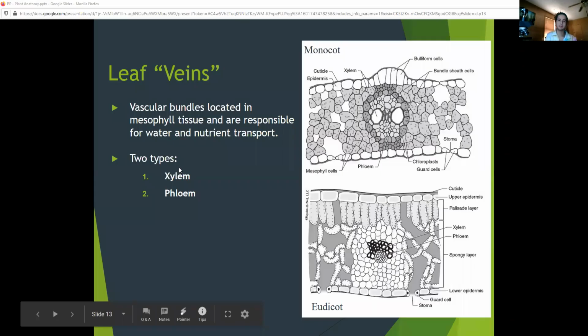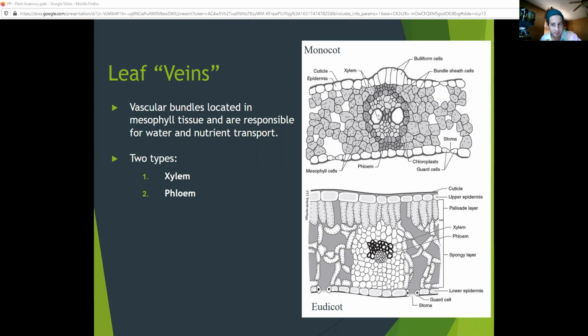So let's talk about the veins in these leaves. When you cut these leaves open, you're going to see vascular bundles in them. In our monocot, they're going to be parallel, so you'll have a bunch of little vascular bundles side by side all throughout the leaf. Here's a bit of advice that's going to apply to all vascular bundles throughout the entire plant.